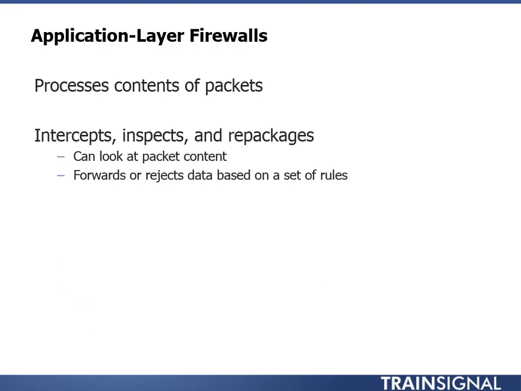Now let's talk about the latest generation of firewalls, which are application layer firewalls. Application layer firewalls work at layer 7 of the OSI model. They can look at the contents of the packets. So besides knowing that a particular packet is using TCP port 80, they'll look at the HTTP code in it and say, oh, this is an HTTP GET request. That's allowed.